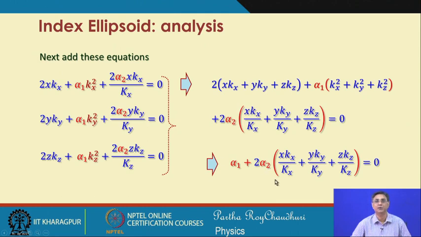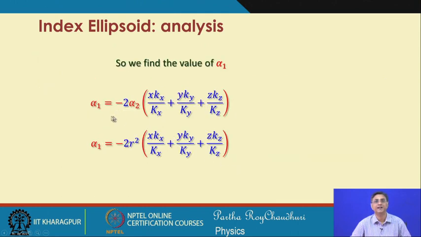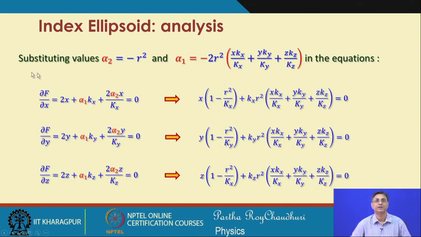So, that is again known. So, we can write this equation alpha 1 equal to minus 2 alpha 2 into this, or we can write it in terms of r square. So, we have been able to determine the two constants alpha 1 and alpha 2 exclusively in terms of the known parameters, that is x, k x and capital K x, etc.